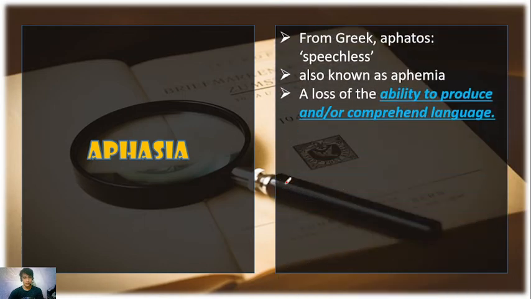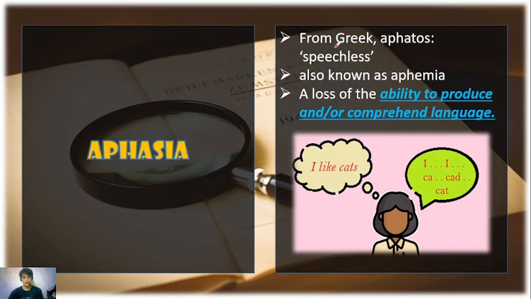And then we have here aphasia. Aphasia comes from the Greek word aphatos, which means speechless, and it is also known as aphemia. It is a condition wherein there is a loss of the ability to produce or comprehend language. So we have here an illustration. The words that he has heard are "I like cats."